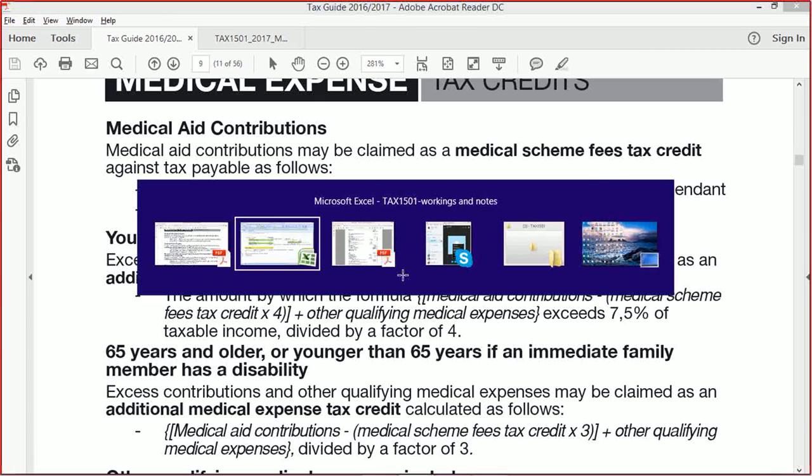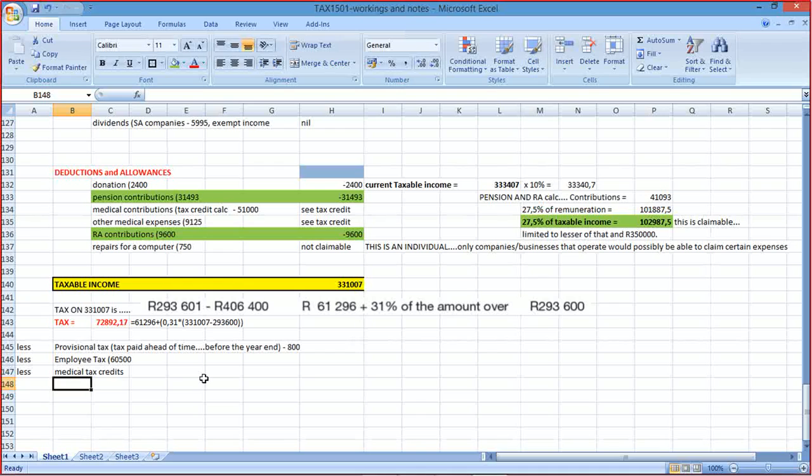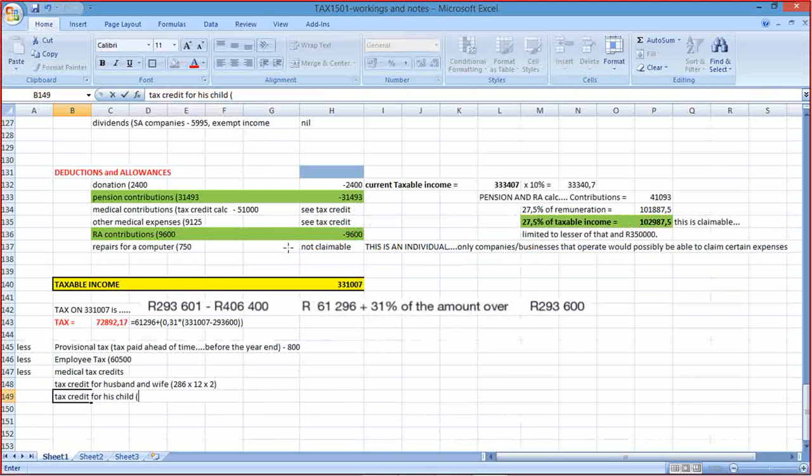You got that? Yeah. Okay, so tax credits for husband and wife, brackets, 286 times 12 times 2. Tax credit for his child, brackets, it was what, 192, yeah, 192 times 12 times 1.